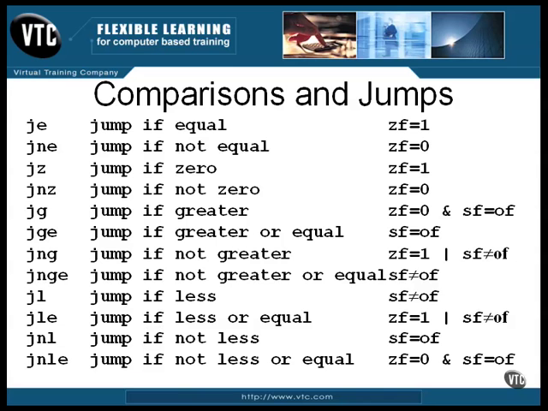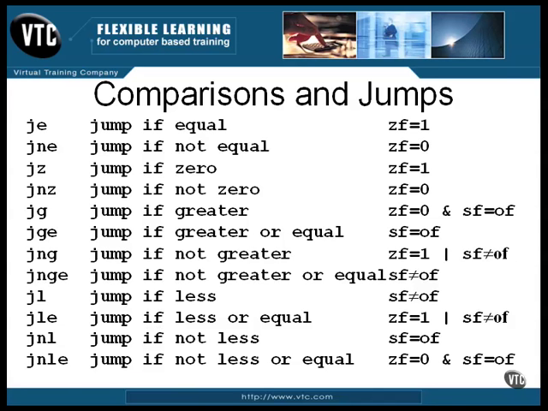The second one is JNE, jump if not equal, which will branch if the 0 flag is not set to 1. And look at the next two instructions. They're exactly the same. They actually assemble into the same opcodes. Which one you use depends on what makes sense to you in your program.